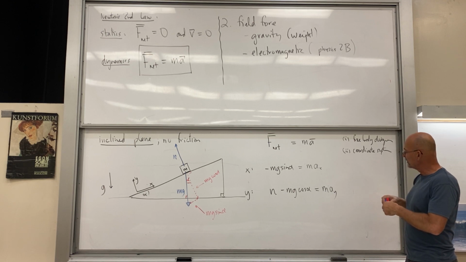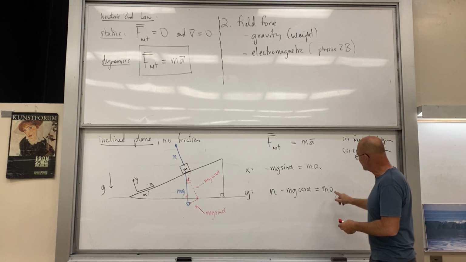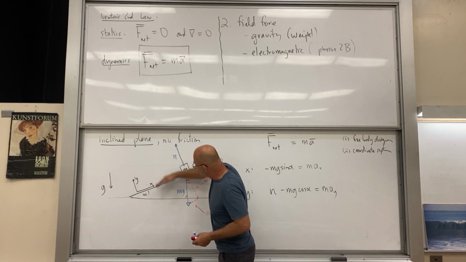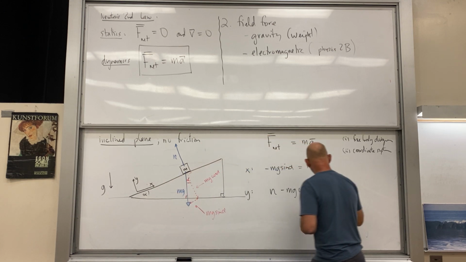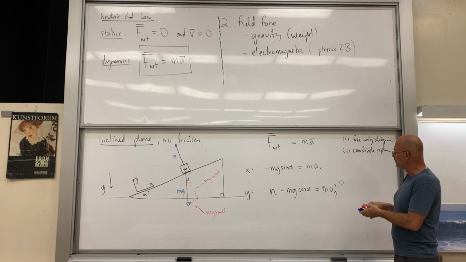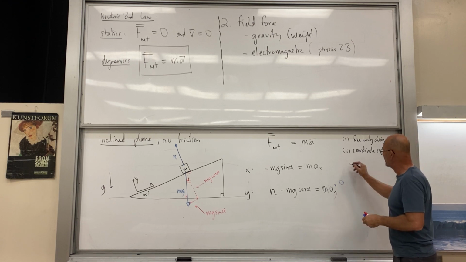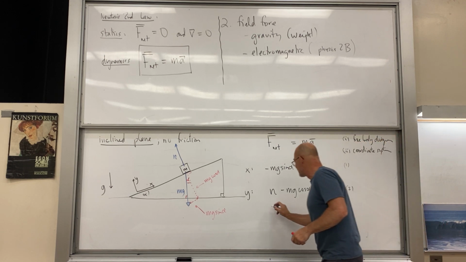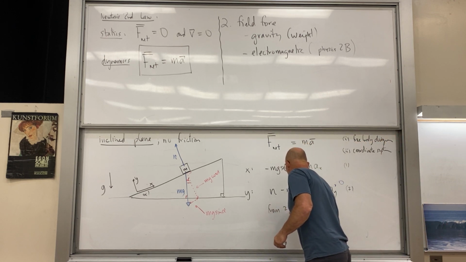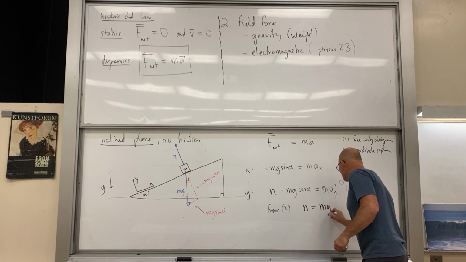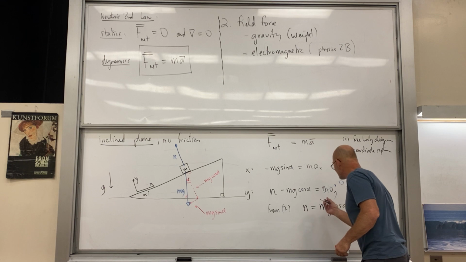Now, it turns out that there is zero acceleration in the y direction, because remember, the y-axis is perpendicular to the slope there. So this is actually 0. And the second of these two equations, let's number them 1 and 2. From 2, we will say that n is equal to mg cosine of alpha.